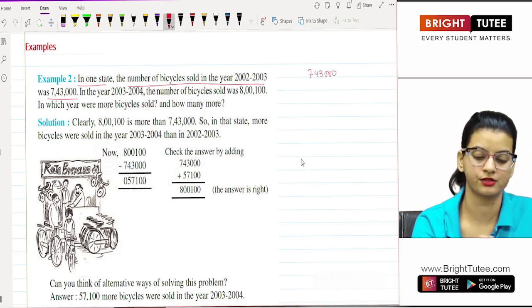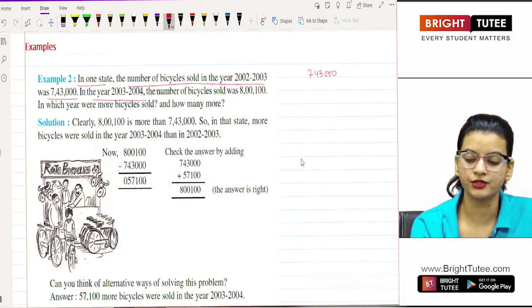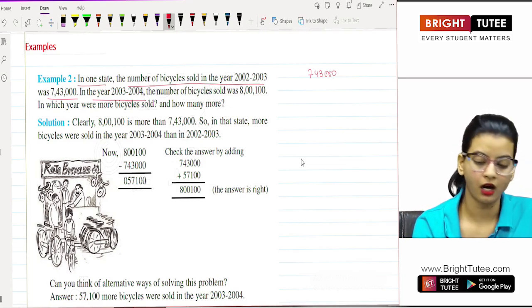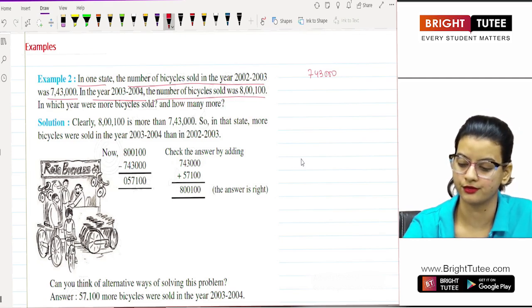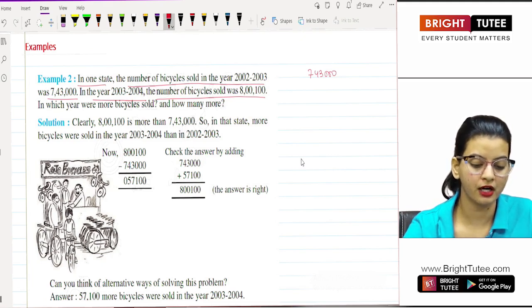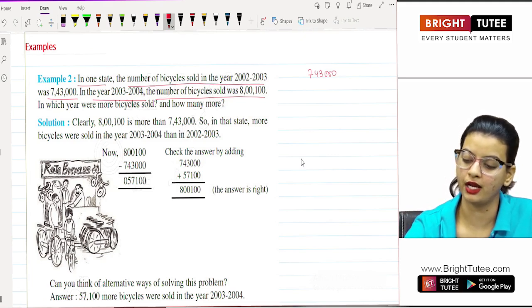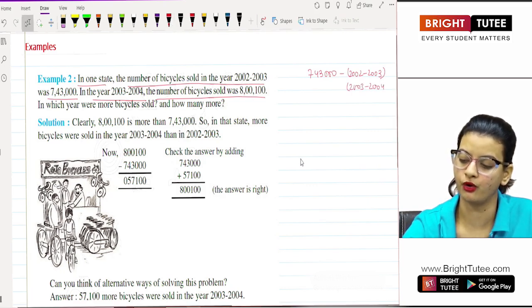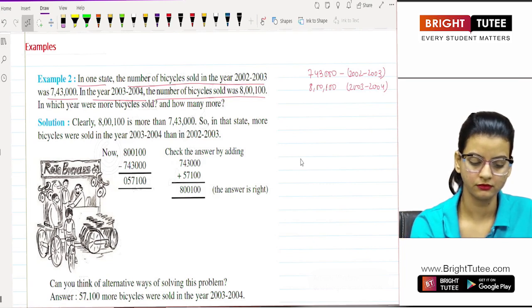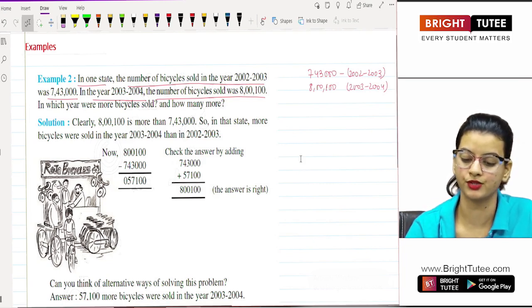In the year 2003 to 2004, the number of bicycles sold was 8,100,000. In which year were more bicycles sold and how many more?